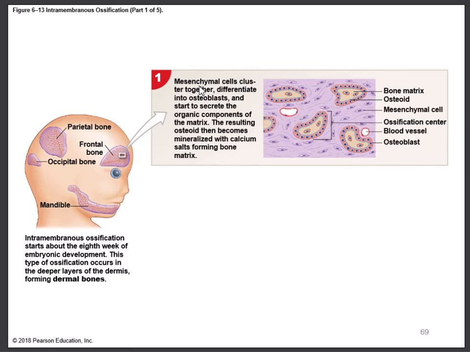They're the types of stem cells that form connective tissue in the embryo. These are going to cluster together and they're going to form osteoblasts. So all of these purple cells are the mesenchymal cells. They clump together and they differentiate into these pinkish cells here with the blue nuclei.